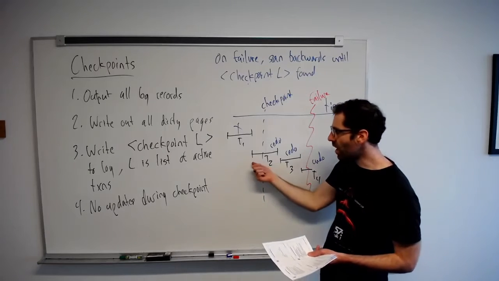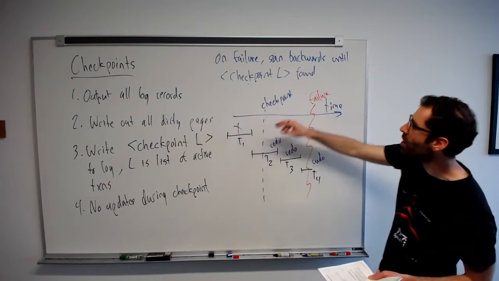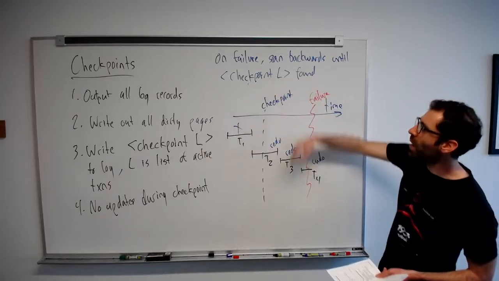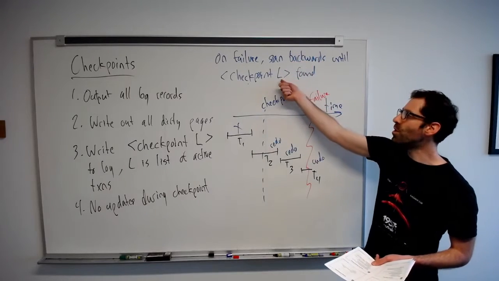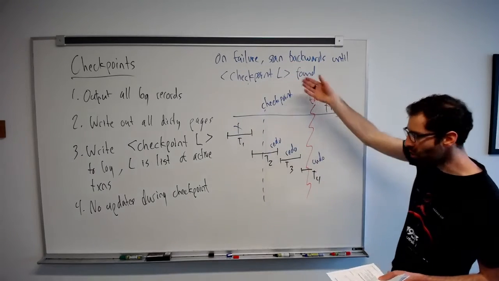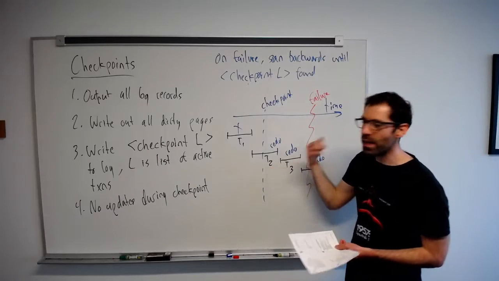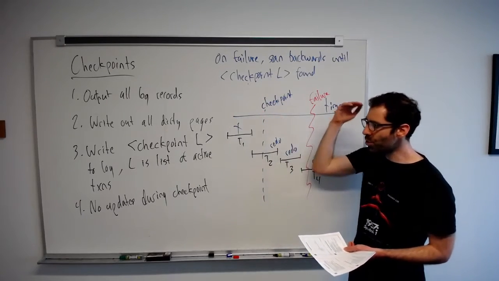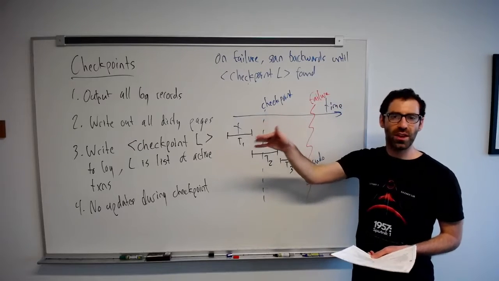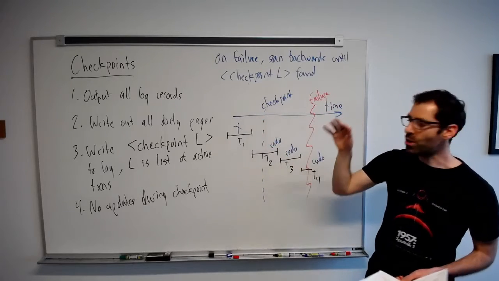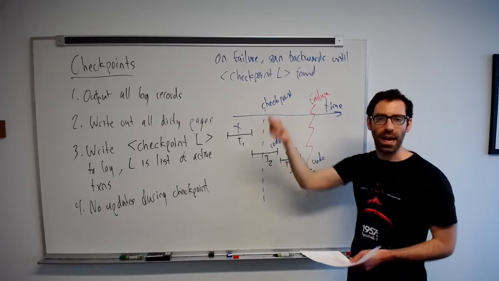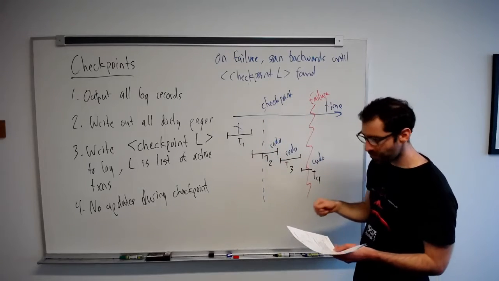In fact, when we're doing recovery, we scan backwards to the checkpoint to find all the transactions that we might need to redo or undo. But then we might need to go further back in the log to where the earliest transaction that we need to redo or undo began, and go from there.